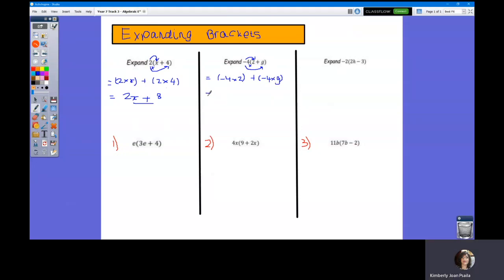Right? So minus 4 times 2 gives us minus 8. We write down the plus sign. Minus 4 times g gives us minus 4g.